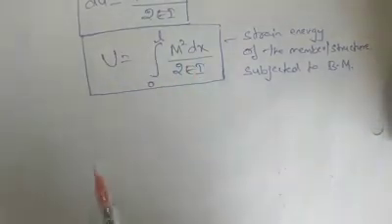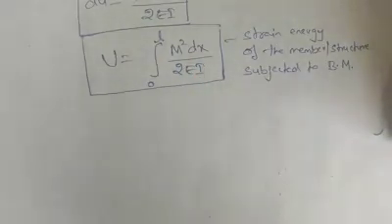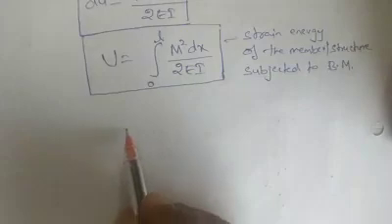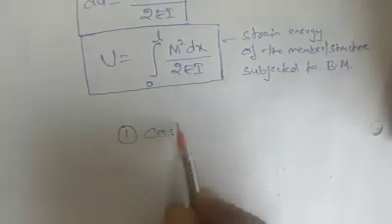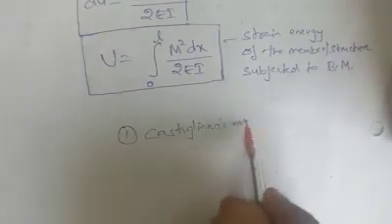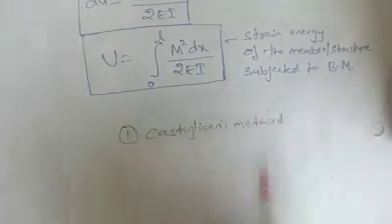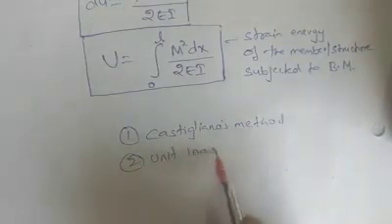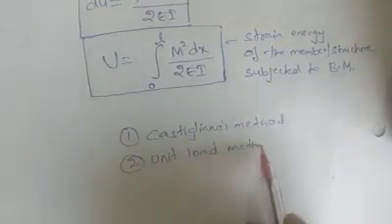In our syllabus we are having pin jointed trusses and also simple beams. We need to find deflection for these using energy methods. In our syllabus we have two types of methods: Castigliano's method and unit load method.